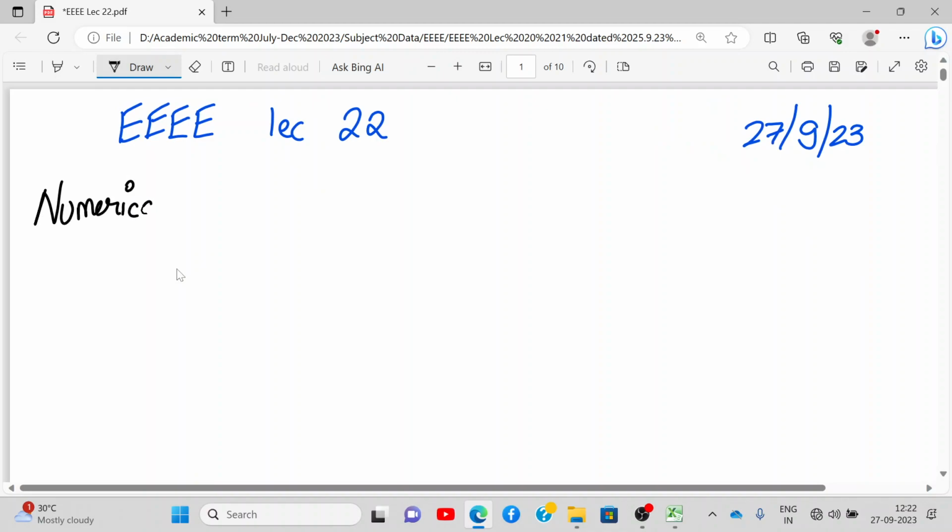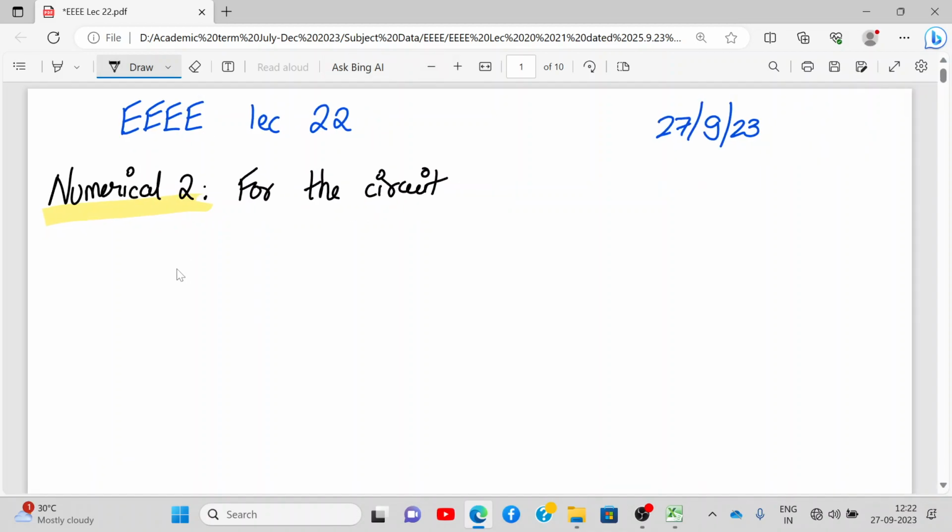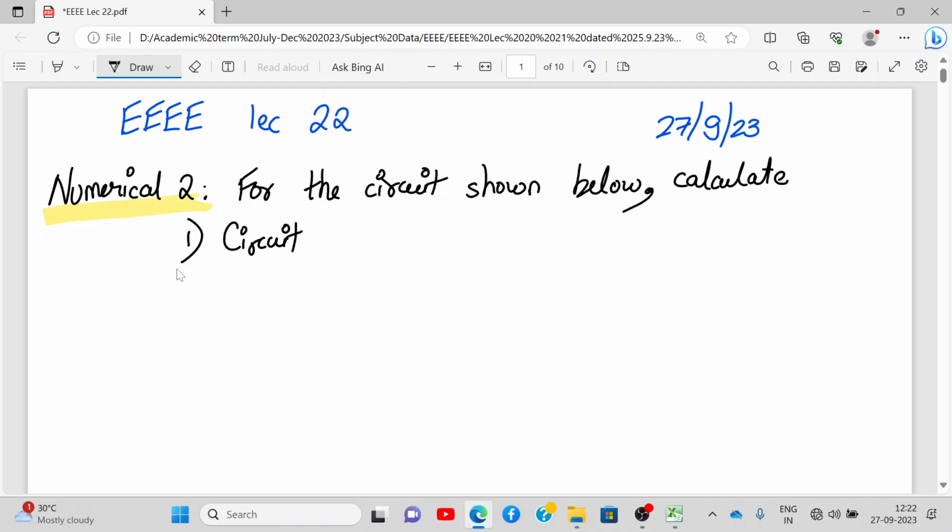For the circuit shown below, this is numerical number 2 for the series RLC circuit. Calculate first the circuit current. That means we have to calculate I.